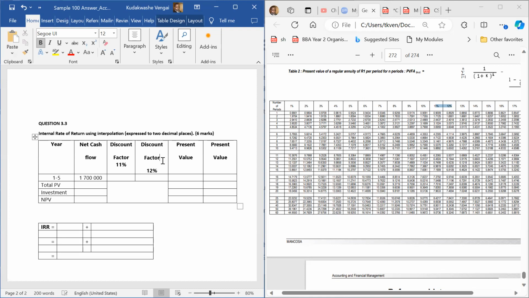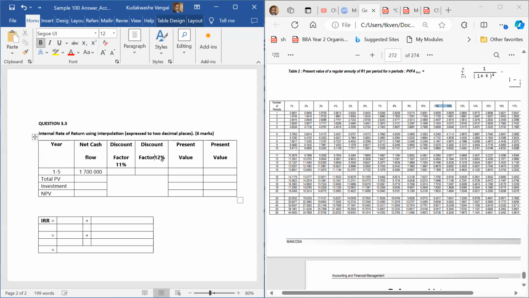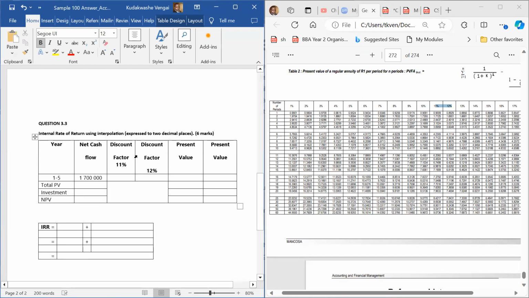I'll explain further even on Sunday when we meet, so that you just get a glimpse of what I was doing, right? Then we're going to take here 3.6959, and then from 12%, 3.6048, right?